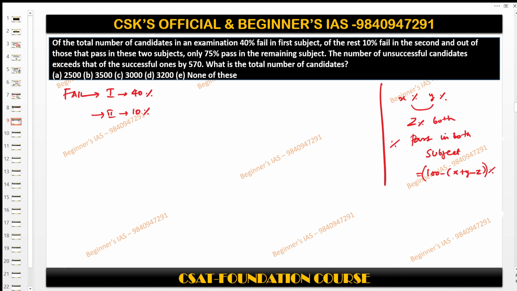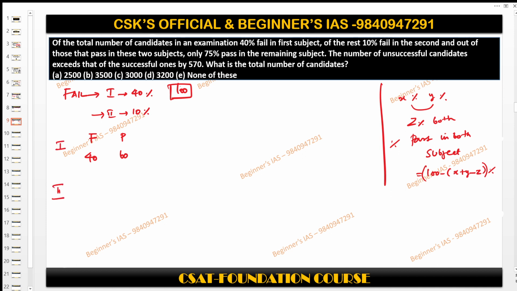How 60? Sir, 50? So let me take the total number of students as 100. You assume that the total number of students is 100. Then the fail is this one, and pass is 60. This is with respect to the first subject.